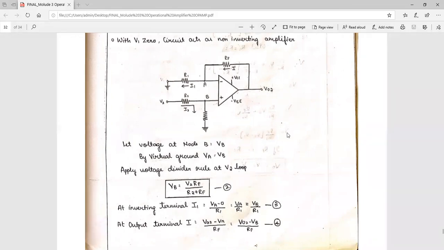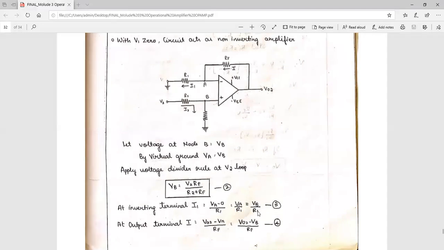Moving ahead, now we'll write the expressions for these two currents. I1 is moving from VA to ground. So what is the voltage at ground? Ground voltage is 0. So I1 is equal to VA minus 0 by R1, which is VA by R1, and that will be equivalent to VB by R1, because VA is equivalent to VB by virtual ground.